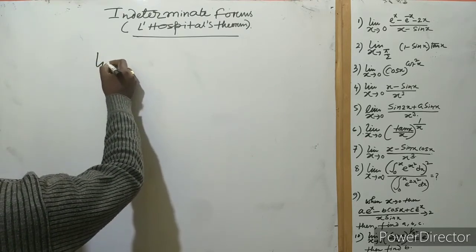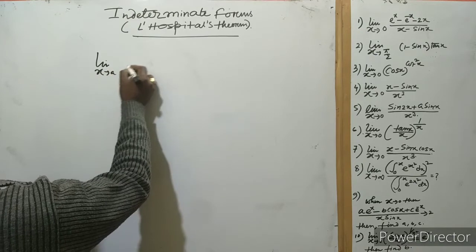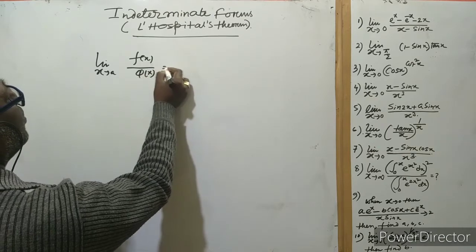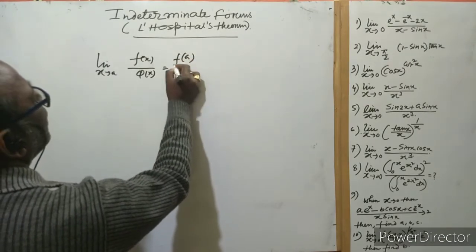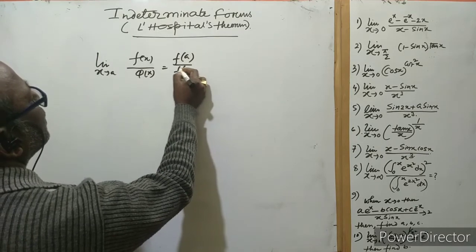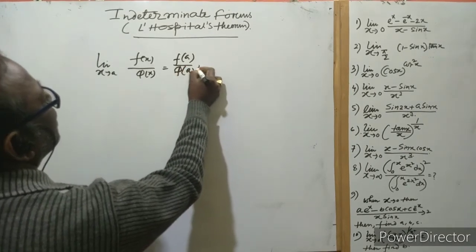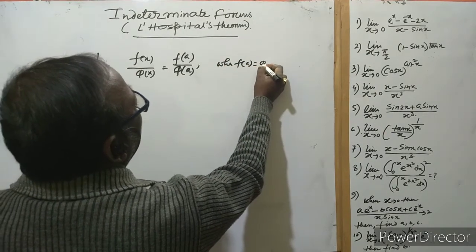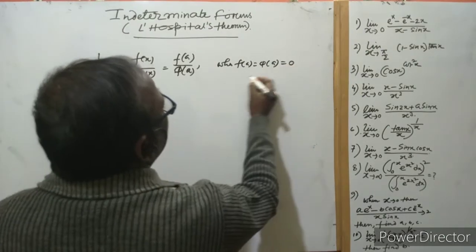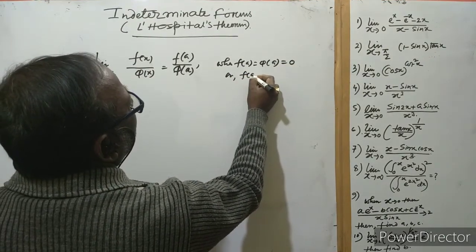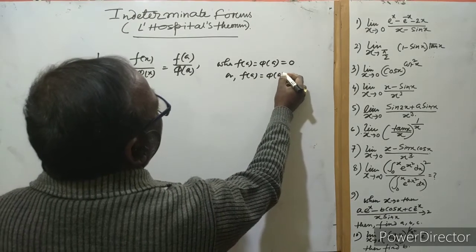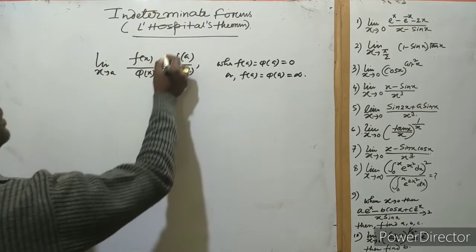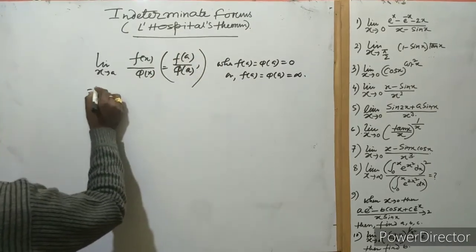When f of a and phi of a are both equal to 0, or both equal to infinity, then we can apply the rules of indeterminate form.